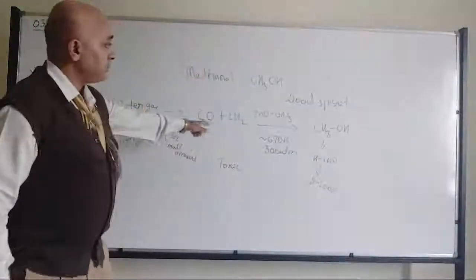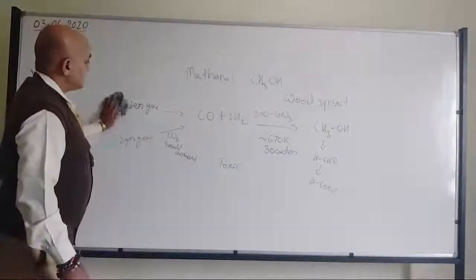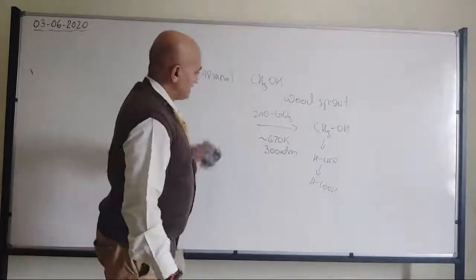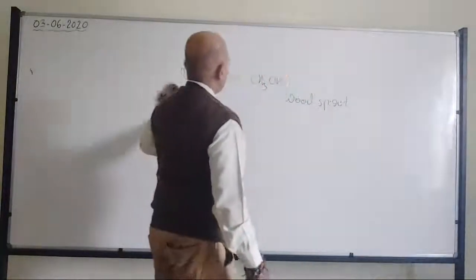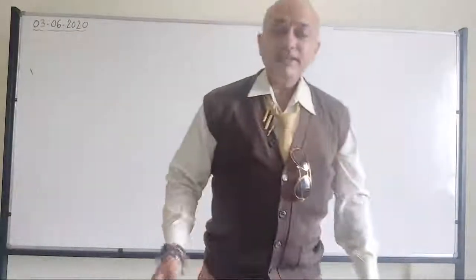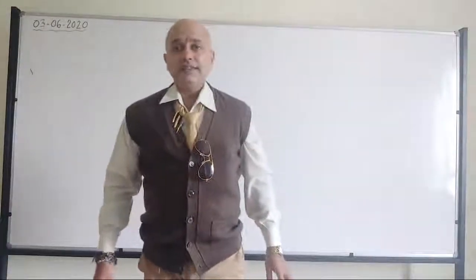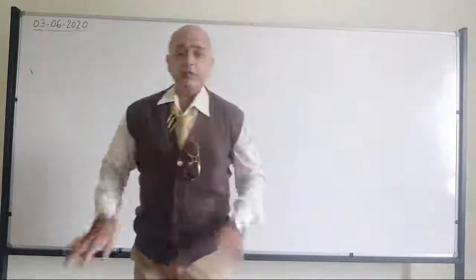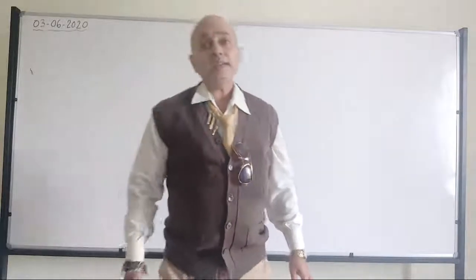Still, methanol will be prepared because it's a very important organic solvent, utilized in industry and in the laboratory for preparation of many other organic compounds and reactions. Not exactly due to methanol itself, but since it is metabolized to formaldehyde and formic acid, that's why it is toxic.